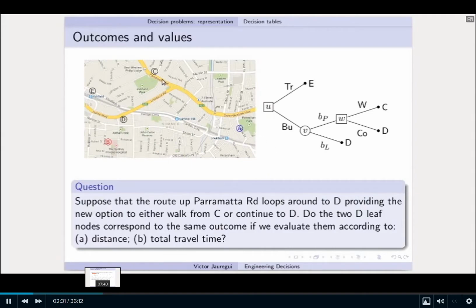Let's suppose that this road here, Parramatta Road, if you watch my cursor, loops around through this way.